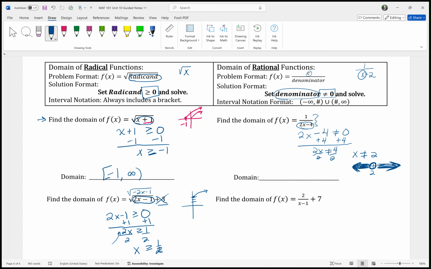When I'm thinking about domain in interval notation, I'm thinking about getting really close to 2 on this side and really close to 2 on this side, but never actually touching it. So when we're looking at the 2 part, we're thinking parentheses there.